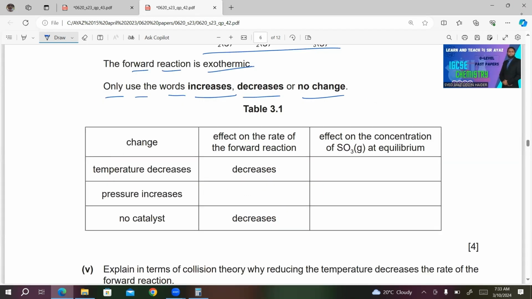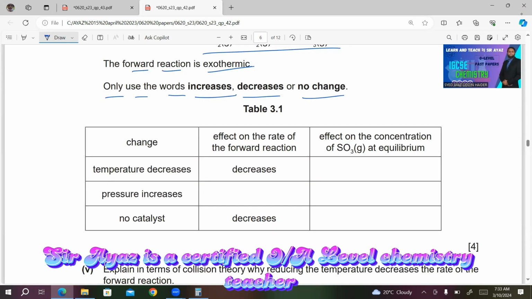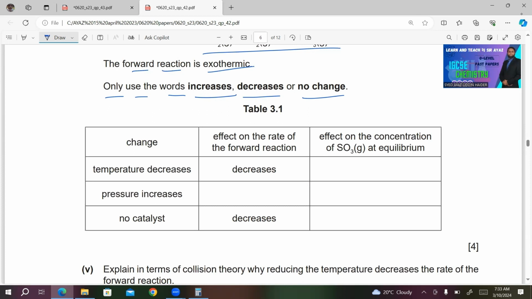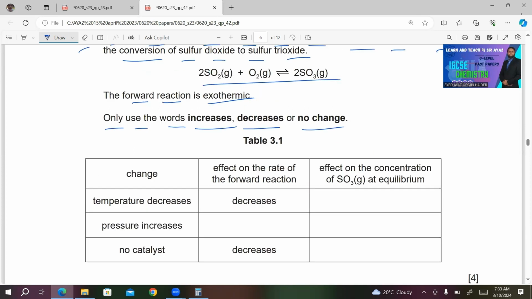So what will be the effect on the rate of the forward reaction if temperature decreases? What about the concentration of SO3 at equilibrium? Forward reaction is exothermic, you see, so it should favor low temperature. So it will definitely increase if you decrease the temperature.